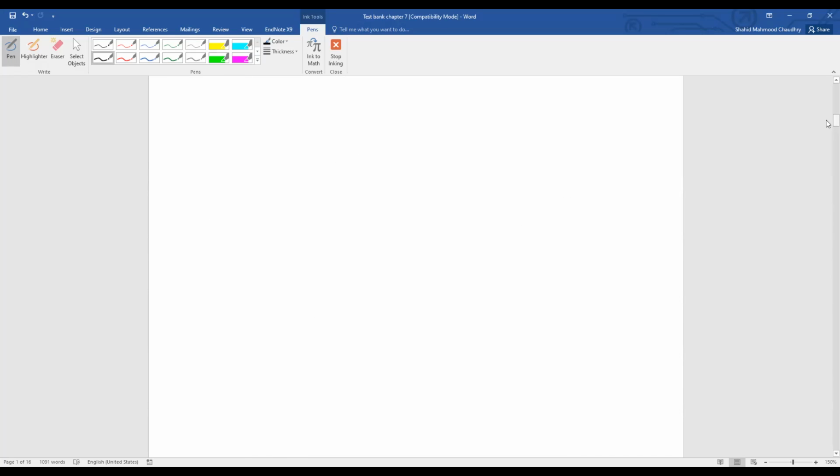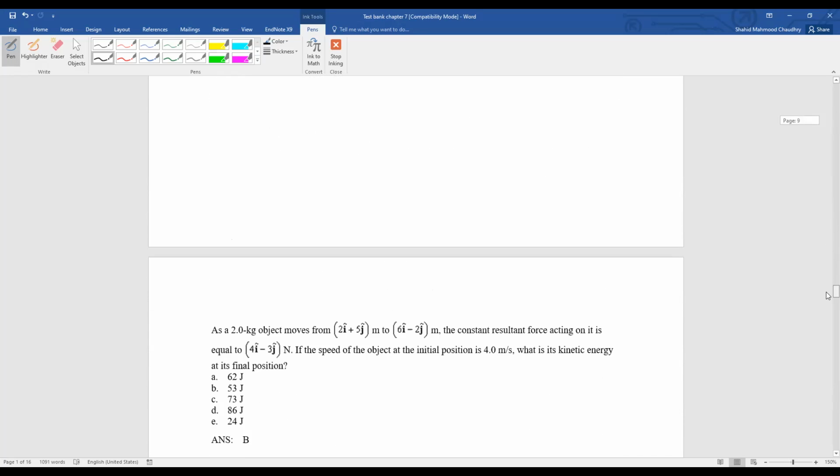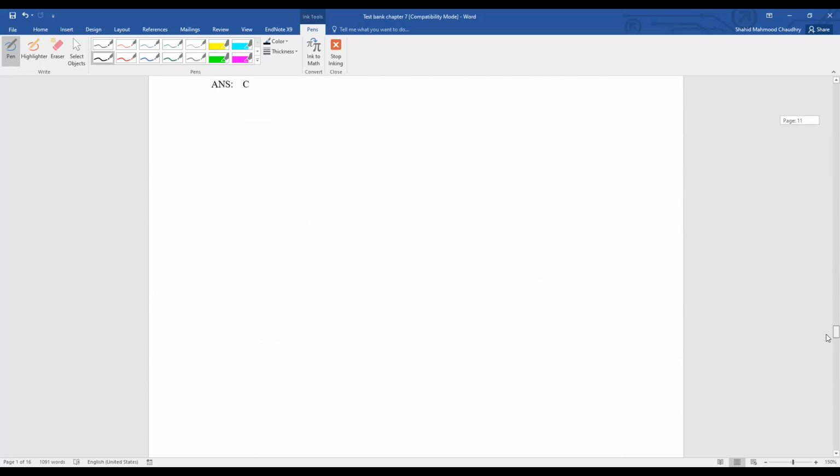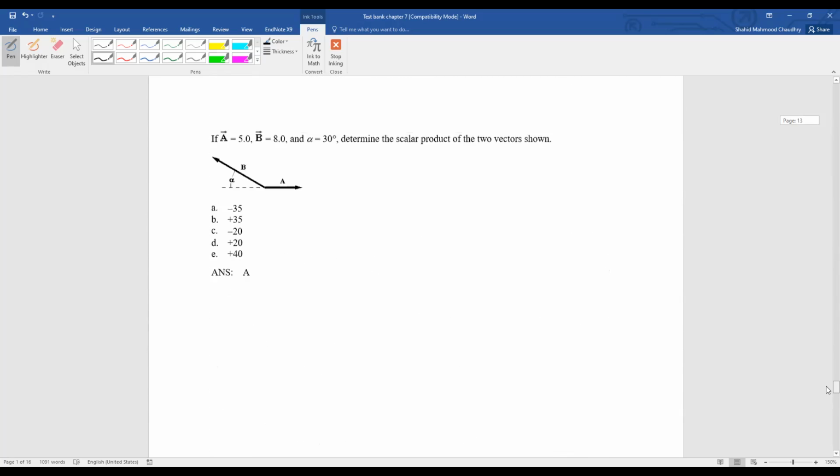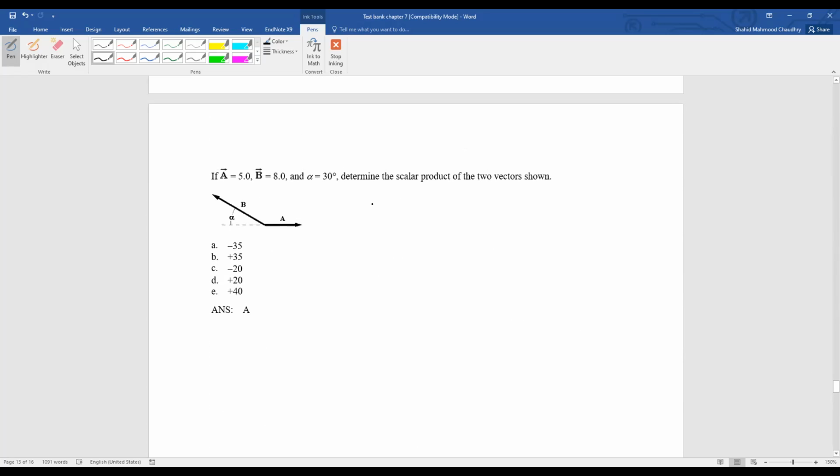You should know that in the scalar product, A dot B is equal to AB cos of theta. This is the formula.